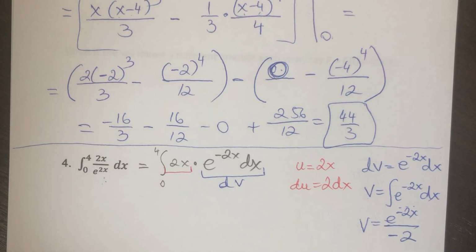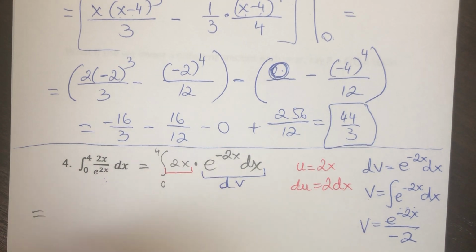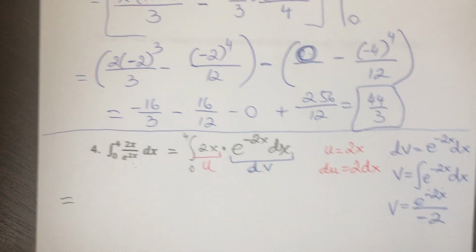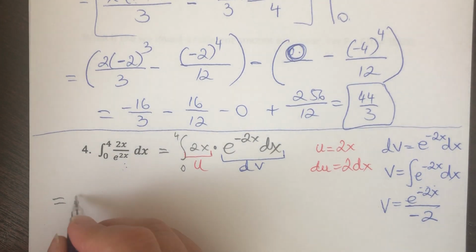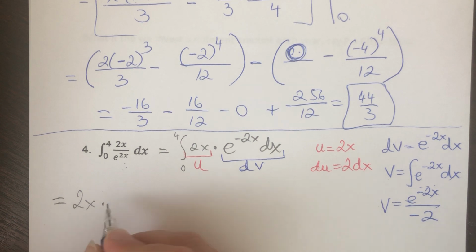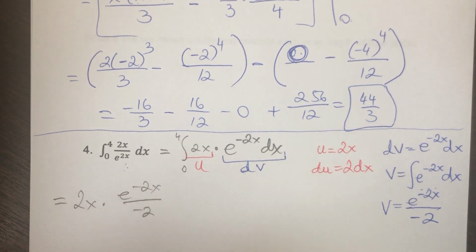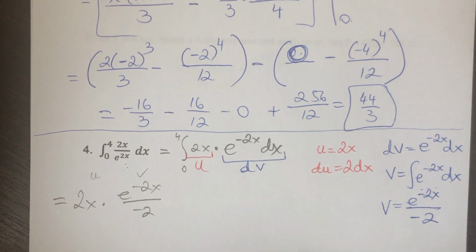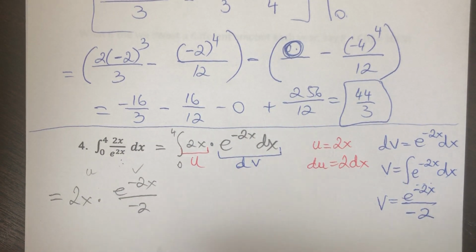Maybe you're getting used to it. So this is what I have. The integral of u dv is u times v. So 2x times e to the negative 2x over negative 2. So again, uv, right? Which we have all parts right here.